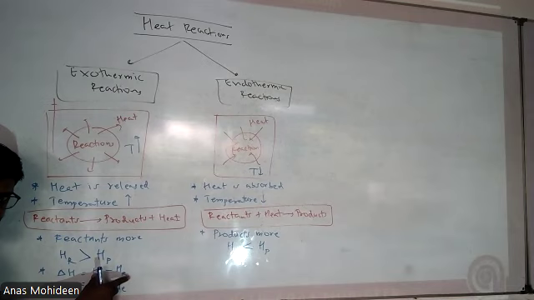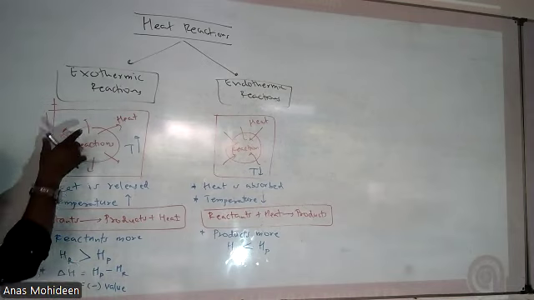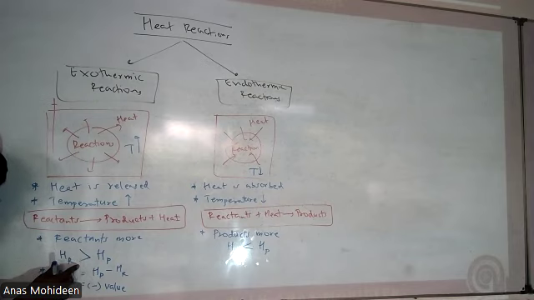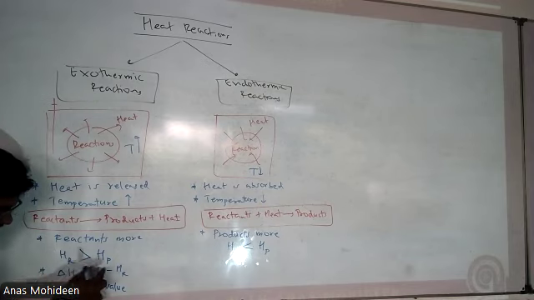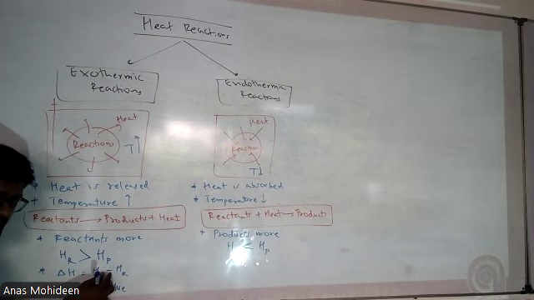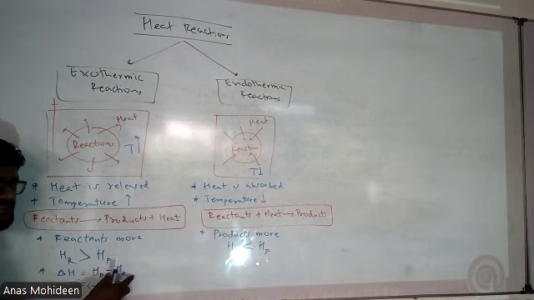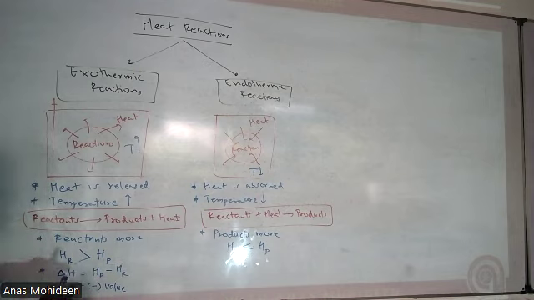I don't know the real numbers here, but I know that in an exothermic reaction, reactant should be more. If reactants are more and holding the minus value, my answer should definitely be minus. 5 minus 10 is minus 5. 10 minus 15 is minus 5. 15 minus 23 is minus 8. Always reactants more, reactant is holding the minus. So this is my fourth point. And what about this?